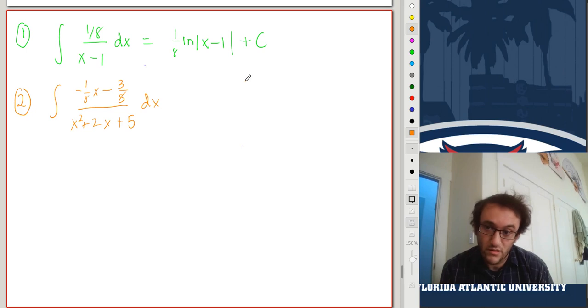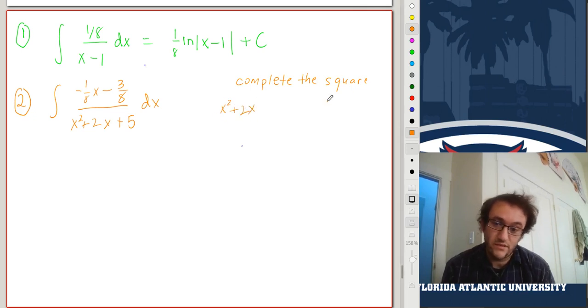So x squared plus 2x, these are the x terms, then we have plus 5. To complete this square, we divide the second coefficient by 2 and then square it. That gives us plus 1, and since we're adding 1, we subtract 1 over here. So we get x plus 1 squared plus 4.